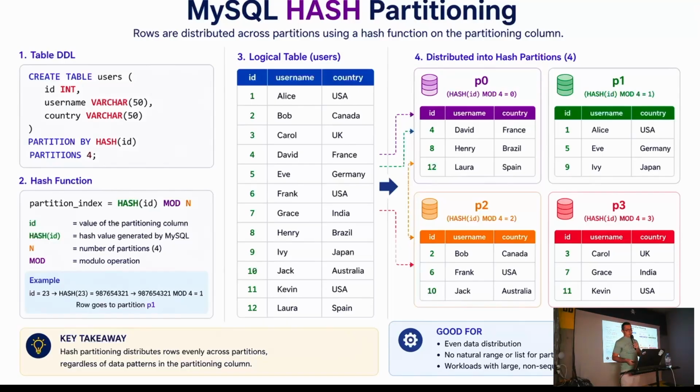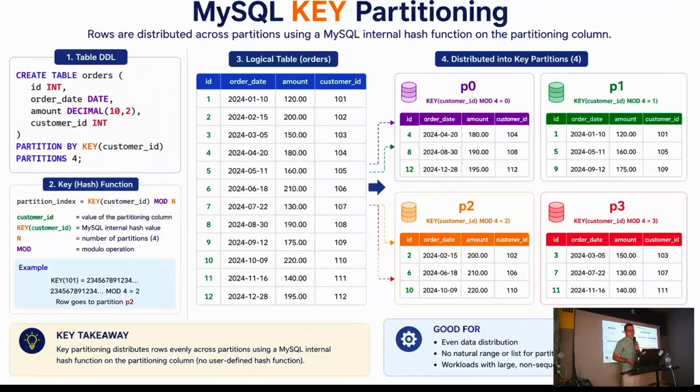And there is something similar to the hash partitioning, which is called key partitioning. A very similar idea, as you see. The only thing that is different is the function that is used in the background.